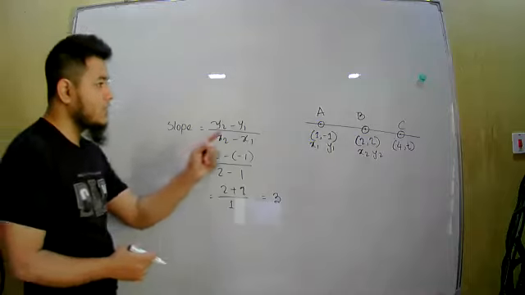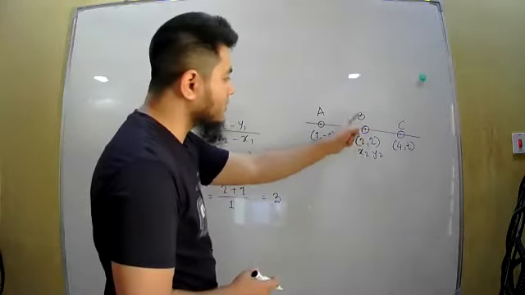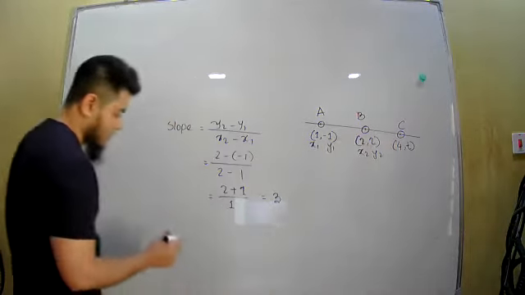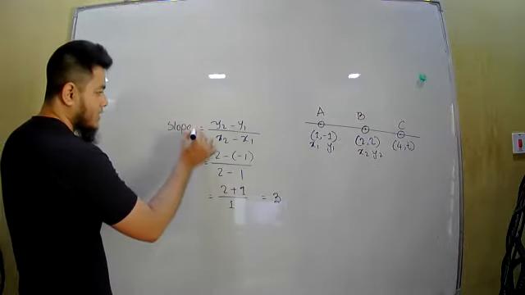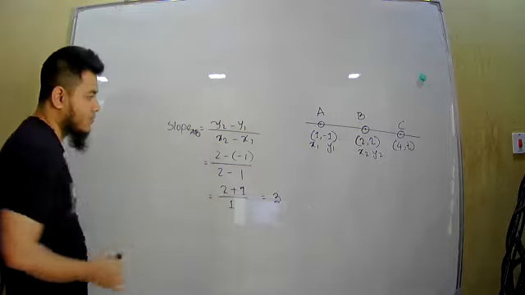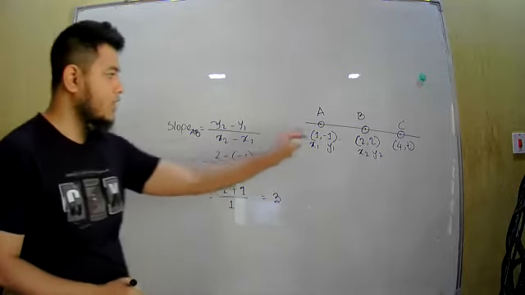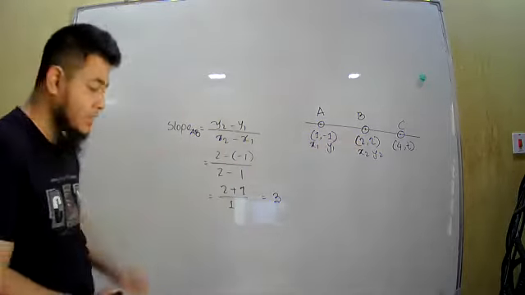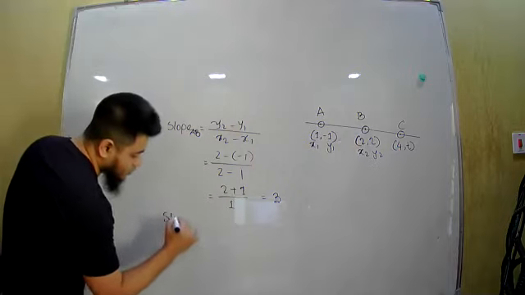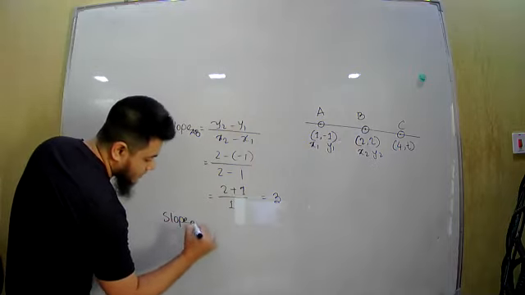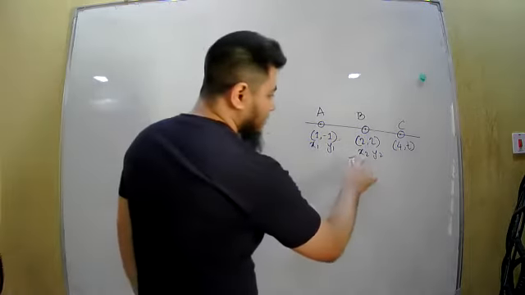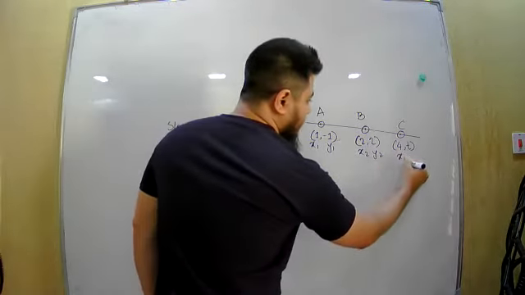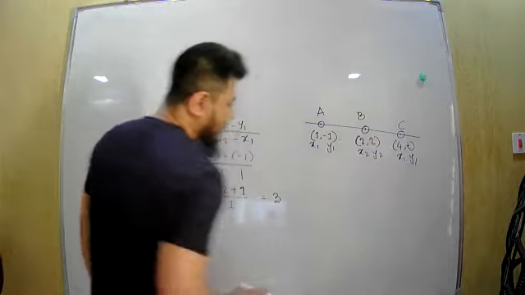Now we can find another slope using the points B and C. Here we can write slope AB, which means we have used points A and B. Now we want to find slope BC. Again, as B has x2, y2, let us consider this one to be x1, y1 now.